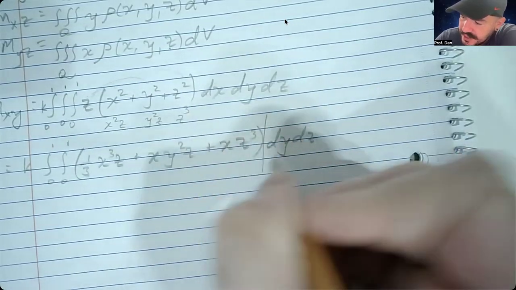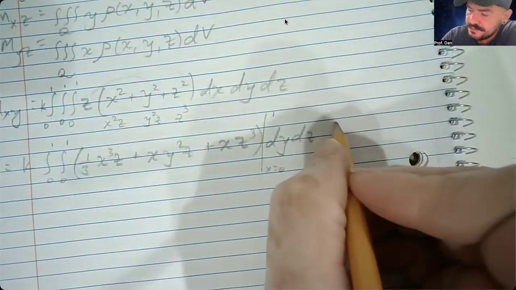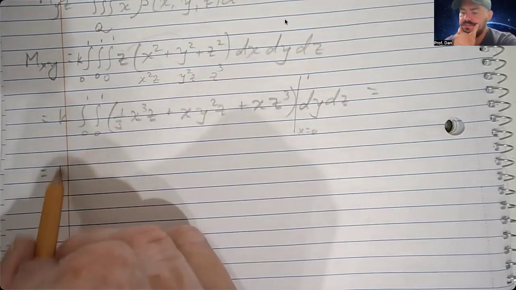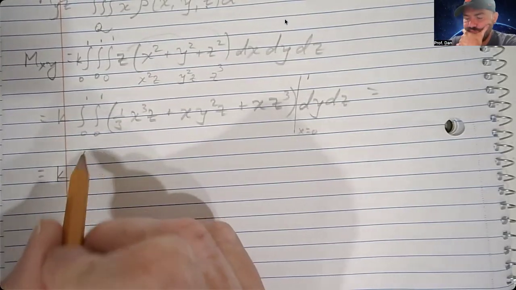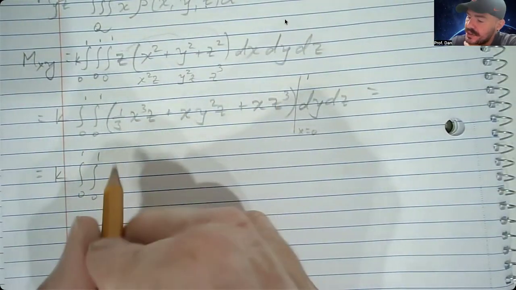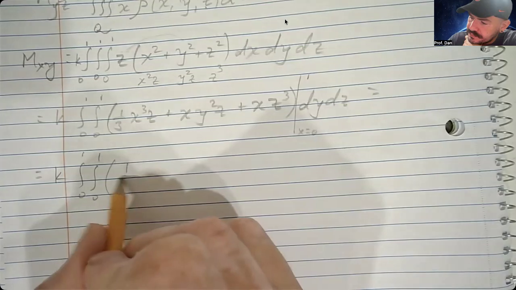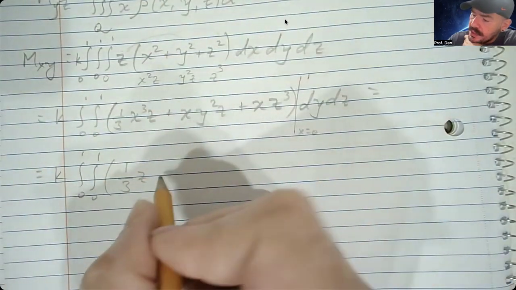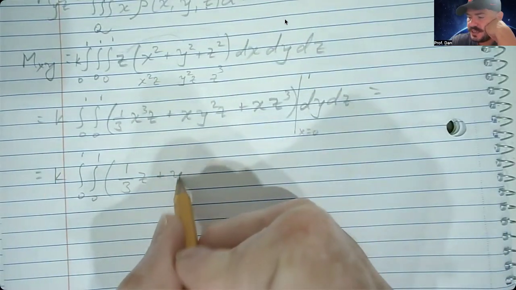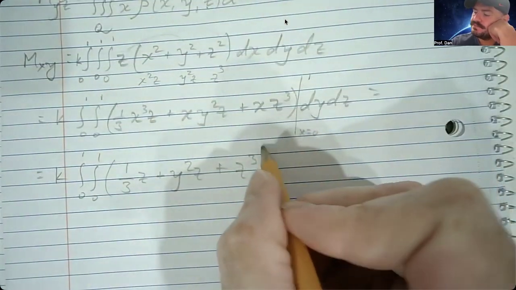And of course, we're going to evaluate that from x equals 0 to x equals 1. When I do that, my integrand is going to become 1/3 z plus y squared z plus z to the third.